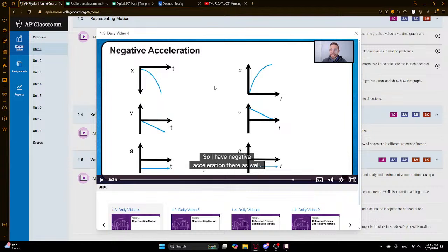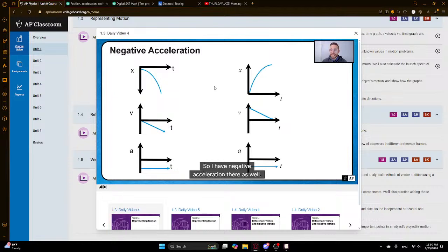Object moving in the positive direction.